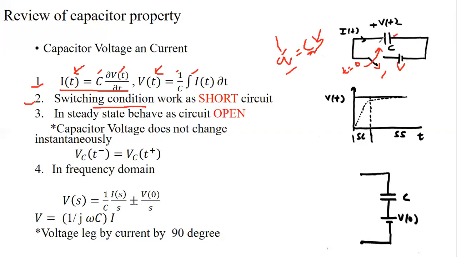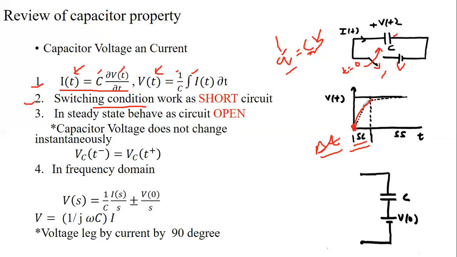Therefore, there is a current I. What is the position of voltage v(t) across the capacitor? It will take some time to reach from 0 to the maximum value, and this is known as the switching condition, and this supposed time is represented as del t. So that is the transition time.